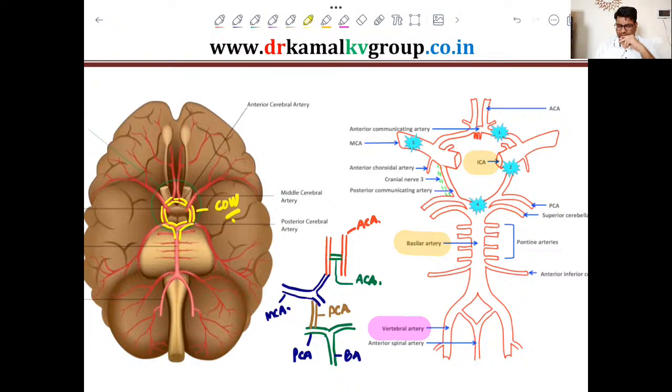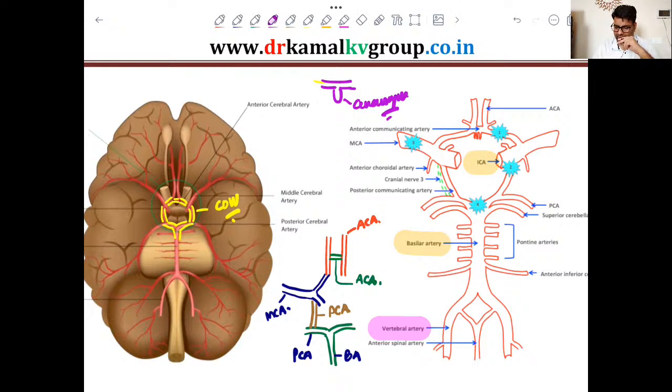Now especially around the area of the anterior communicating artery, there is formation of aneurysm. Suppose this is the anterior communicating artery, sometimes there is formation of an aneurysm. So these are aneurysms, and when they rupture, they cause bleeding in that area, which is the subarachnoid hemorrhage.